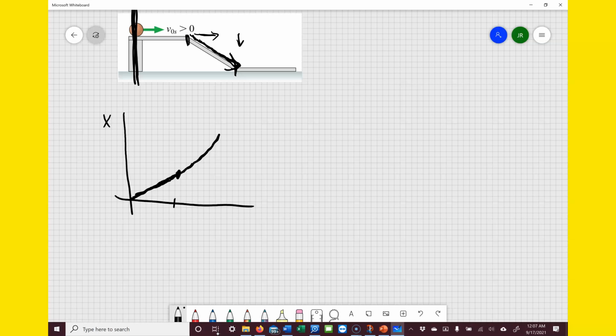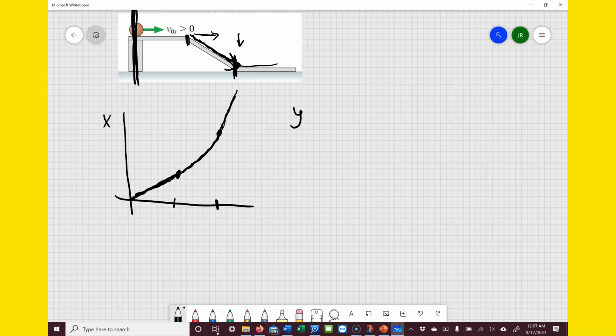It's an increasing velocity, so I have to show that with a curve until it gets to here. And at that point, it's flat again. It's a constant, but it has a greater velocity after it goes down the ramp than it did when it first started, so that has a steeper slope there.